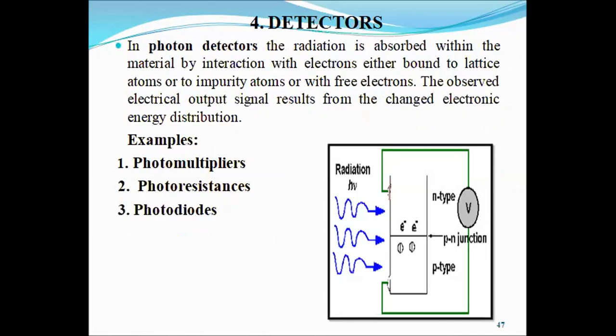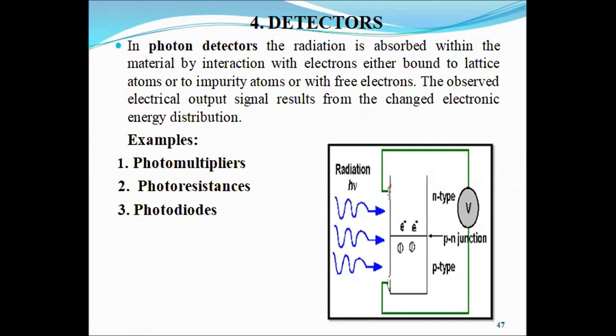Before that, let us see photon detectors. A few examples of photon detectors are photomultipliers, photoresistances, photodiodes. In a photon detector, the radiation is absorbed within the material by the interaction of electrons which are bound to the atoms or to the impurity atoms, or free electrons. The observed electrical output signal results from the change in electronic energy distribution.